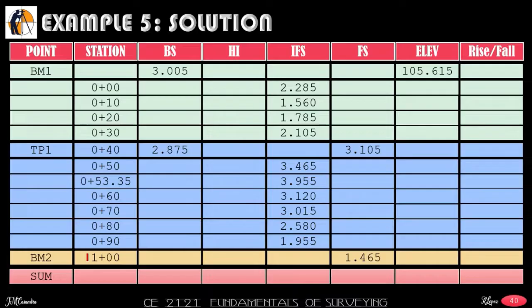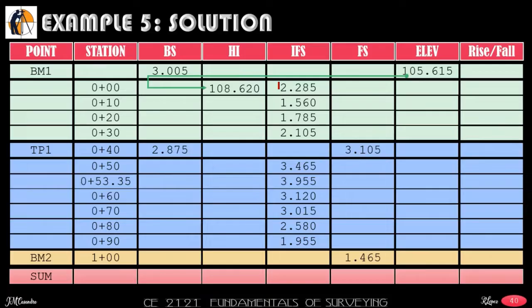So from our given values, our measured values, we now compute for our height of instrument, elevation plus backside, which is 108.620. So height of instrument, HI, minus your foresight.